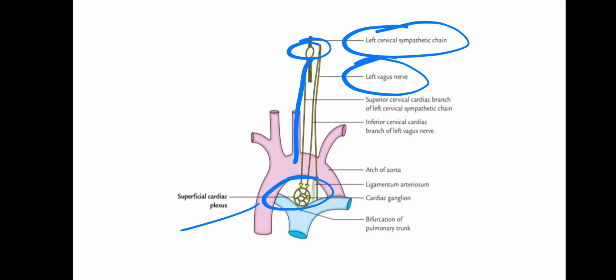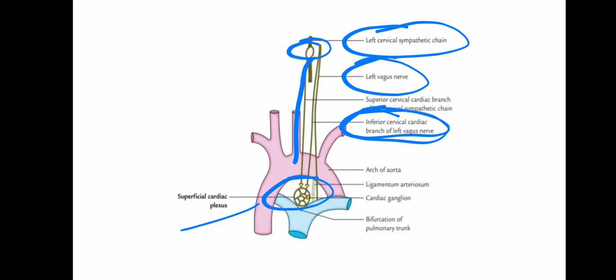So we have the inferior cervical cardiac branch of the left vagus, which is also going to contribute to the superficial cardiac plexus. The other branches from the vagus and the recurrent laryngeal are going to contribute to the deep cardiac plexus. So you can just remember the superficial cardiac plexus alone.